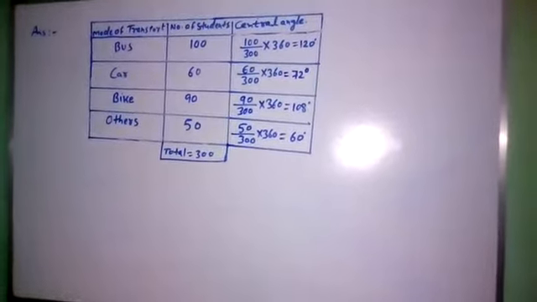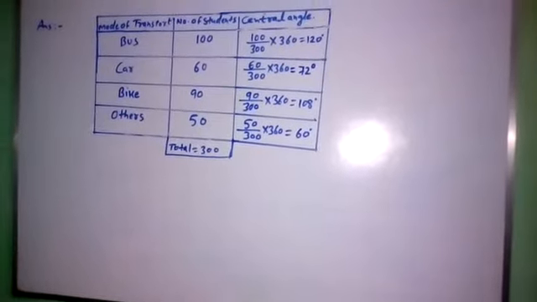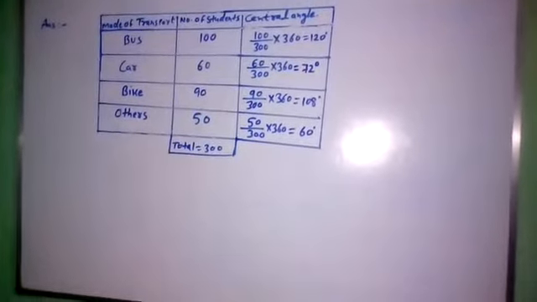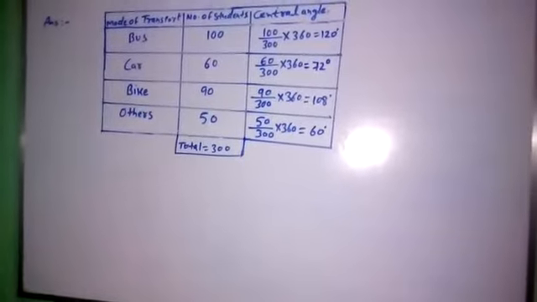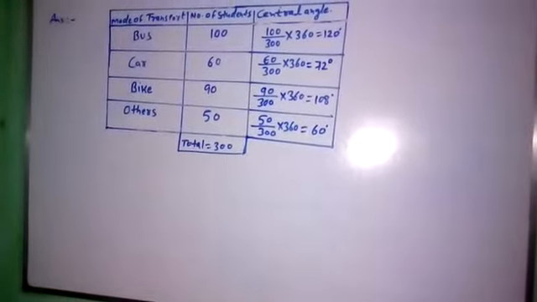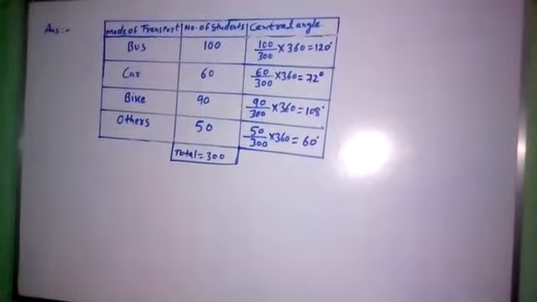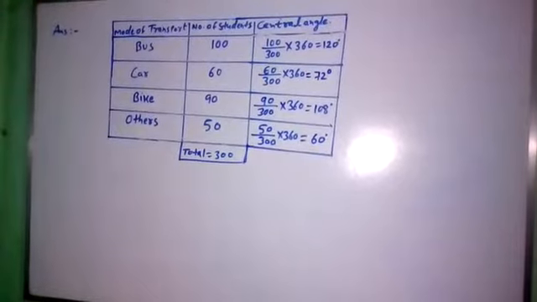Mode of transport, number of students, and in the last take one more column for central angle. Now bus number of students 100, car 60, bike 90, others 50. Total it is 300.